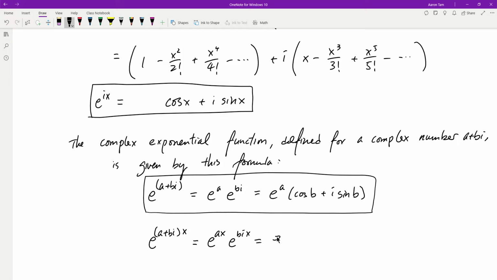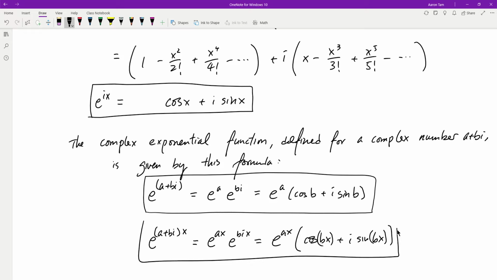And so e to the ax will stay, and then this becomes cosine bx plus i sine bx. So this one will be e raised to a complex number, while this one becomes the complex exponential function, where you have a real value that you plug in for x, but it has a complex coefficient in front. Okay?